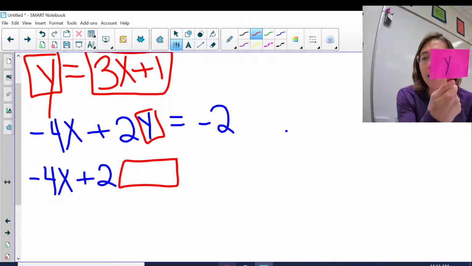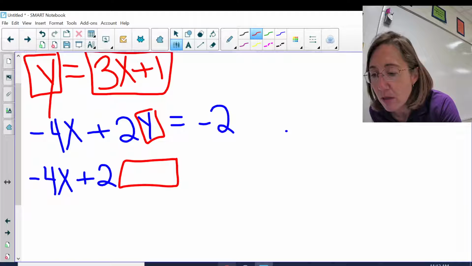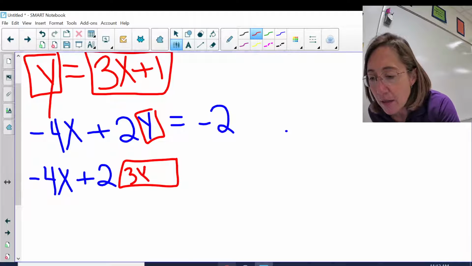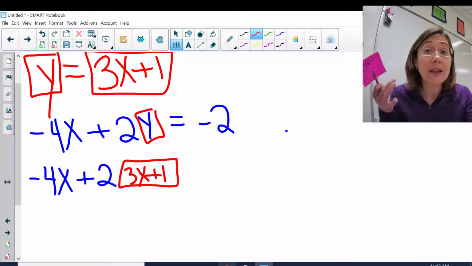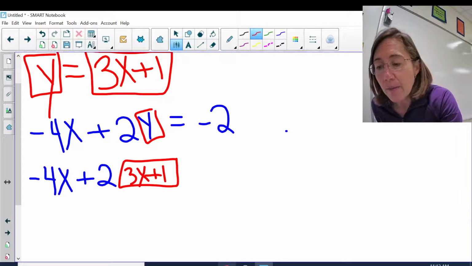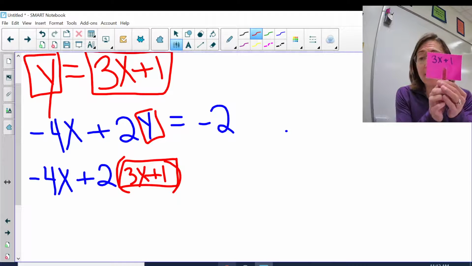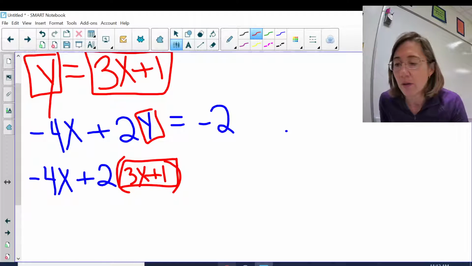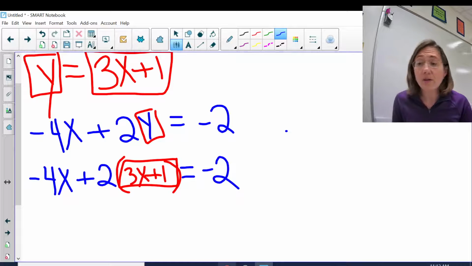This is where my y is going to get traded for the 3x plus 1. So this is the substitution step. And since I have this entire quantity, 3x plus 1, going in place of the y, I need to put that in parentheses because that entire quantity is going to get multiplied by the 2. So let me copy down the rest of my blue equation there. Equals negative 2. So you can see the substitution step that has happened.